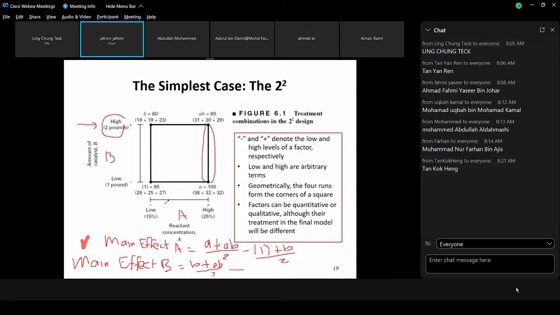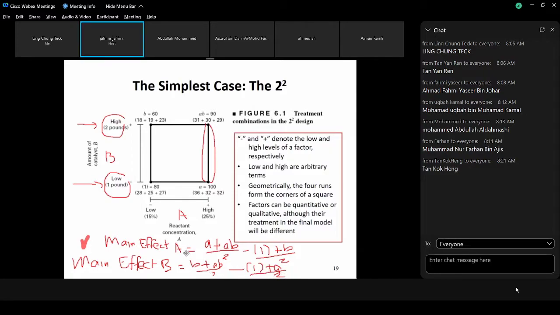So minus B at low level, that means 1 plus A, divided by 2.